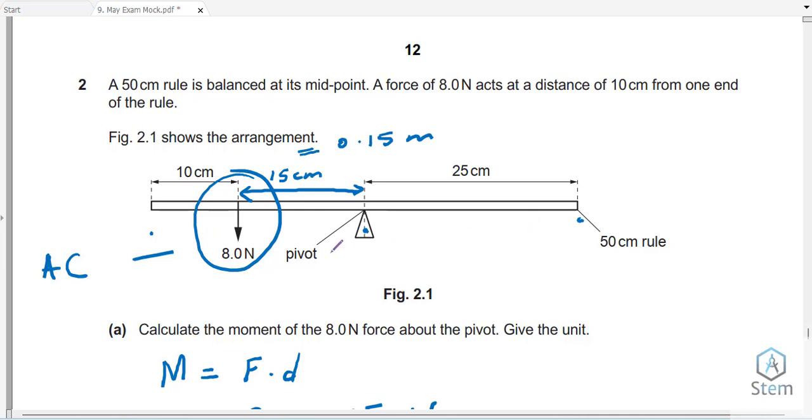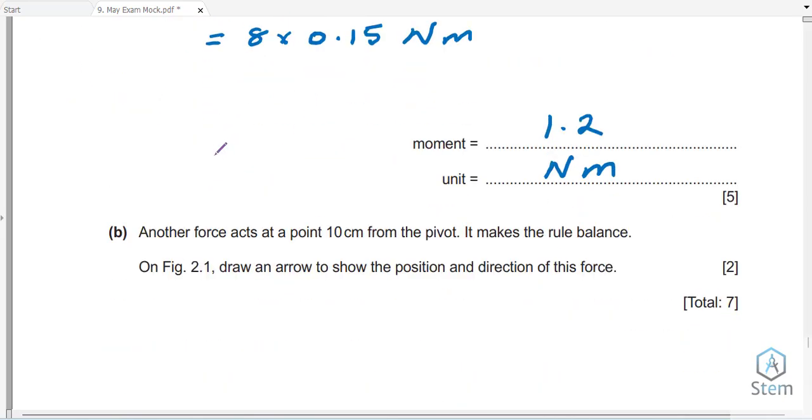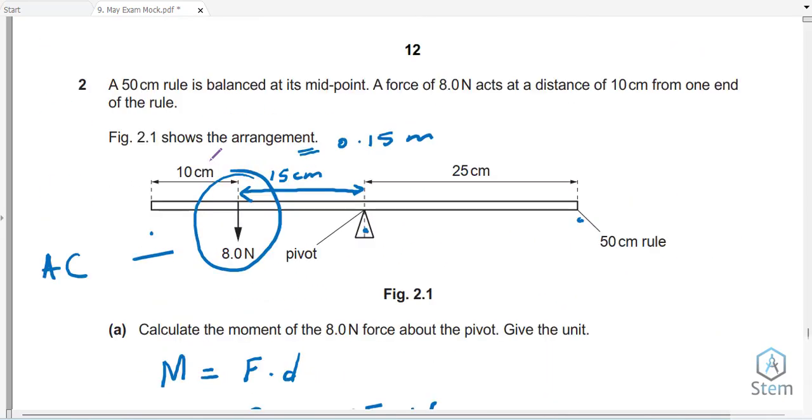We need another force that gives us clockwise moments. So we are going to have a force here, 10 centimeters, and this is our force. It's giving us clockwise moment.